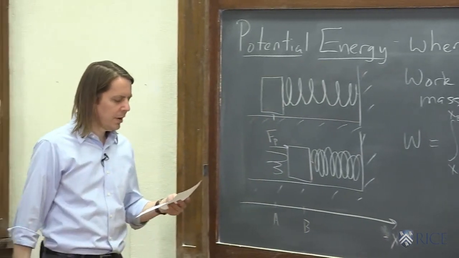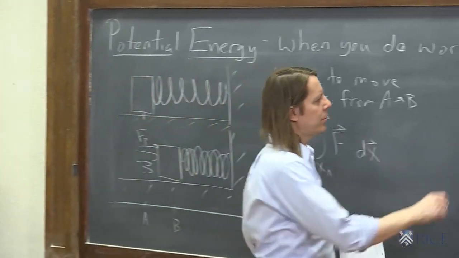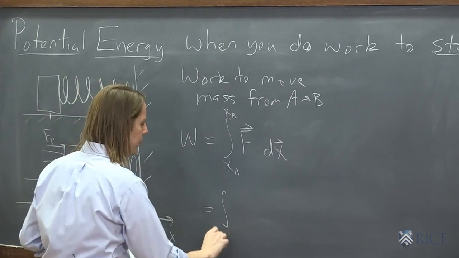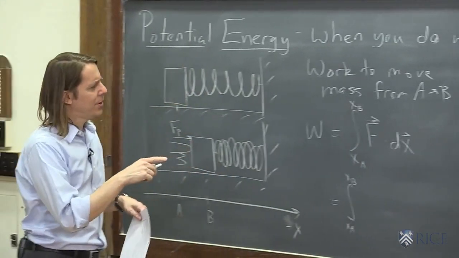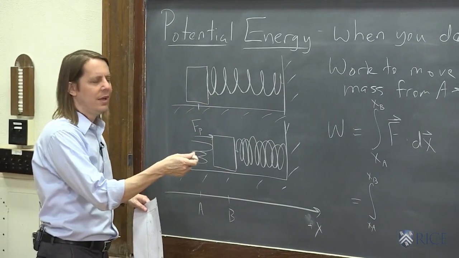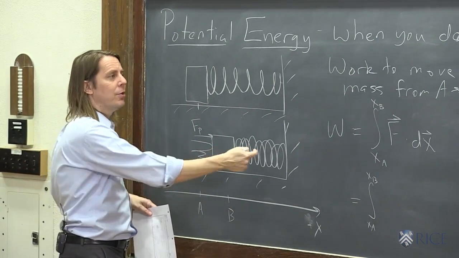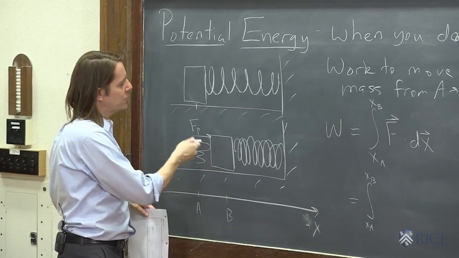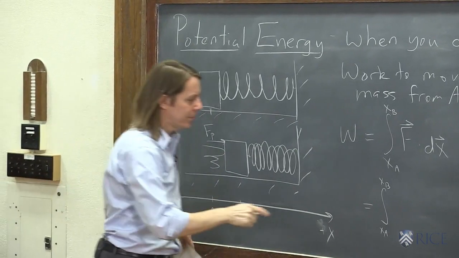So the work is equal to the integral from XA to XB, a dot product between the force and dx. And actually the force we're applying is forward. We're not really calculating the spring's force, we're calculating the external force. It's an external work, so we're pushing externally with a force kx.